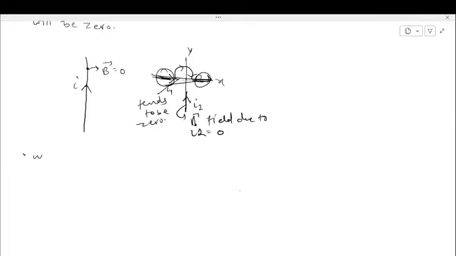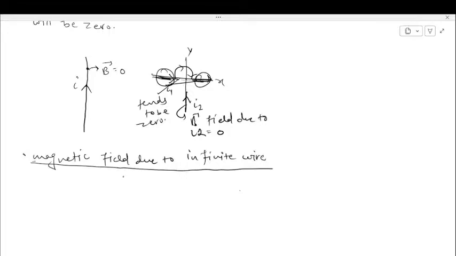Now the magnetic field due to an infinite wire. Suppose this is the wire, infinite, tends to infinity.